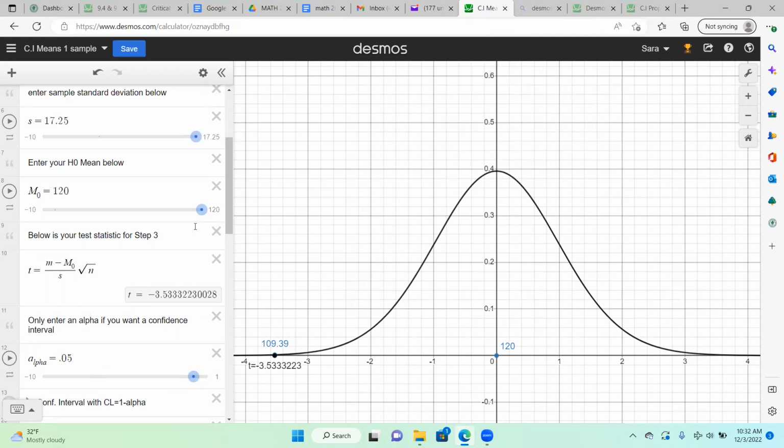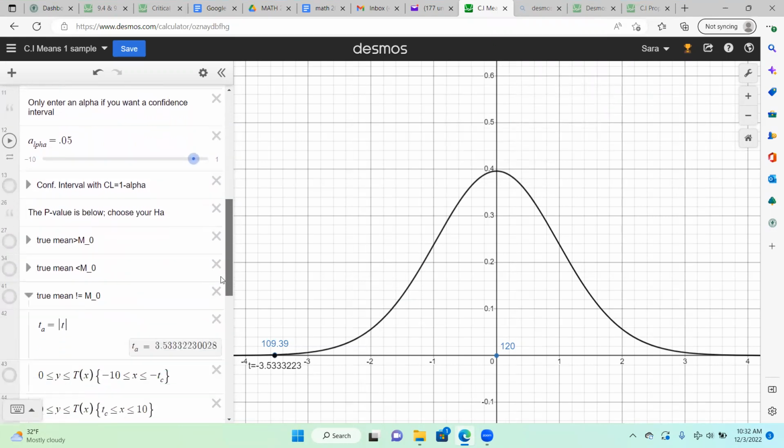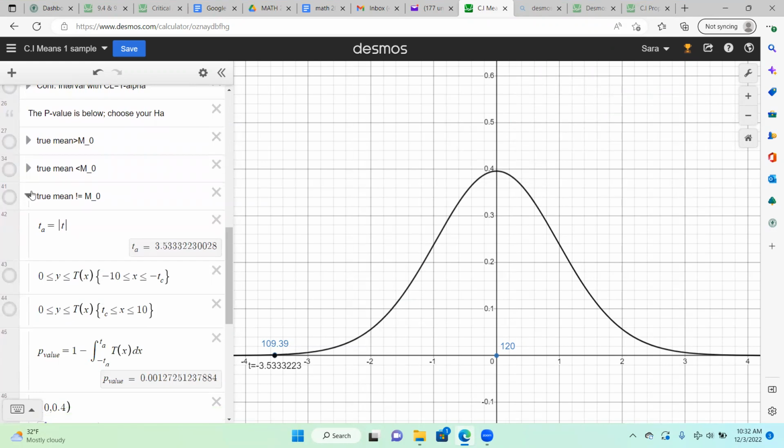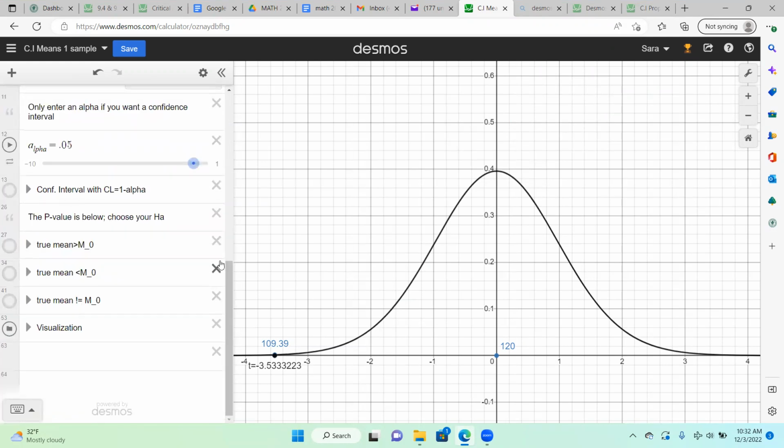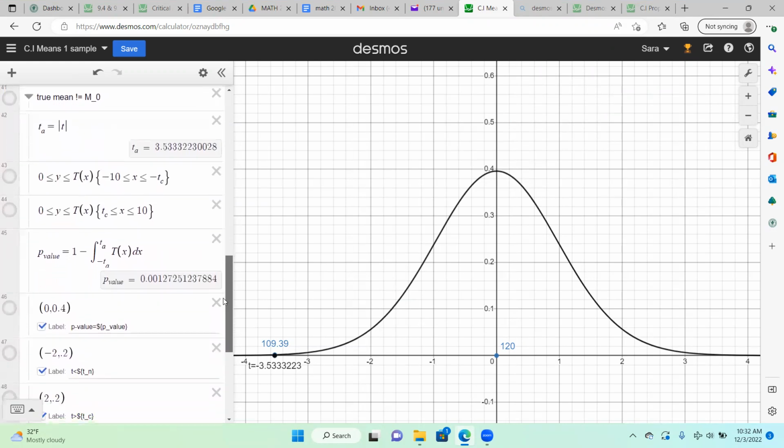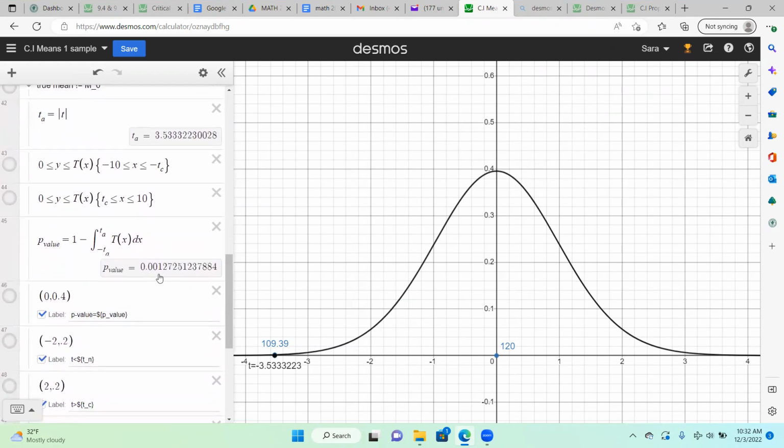And my alpha level is 0.05. And then I'm going all the way down here and I'm choosing this one right here that says equal to with the exclamation point. That means we're testing the equality, but not equal to. And then our p-value is 0.0013.